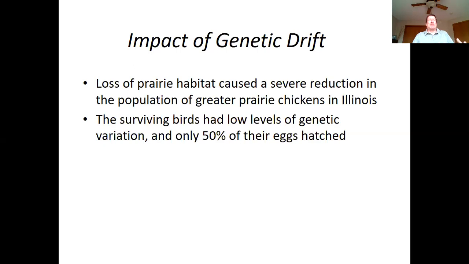And so loss of that prairie, as Illinois, a big farming state, like a lot of them in the Midwest, as a lot of the natural prairie that was in Illinois, Wisconsin, Minnesota, was reduced for farming and living and everything else as the human population expanded. That loss of prairie habitat, those birds that survived had very low levels of genetic variation, and only half of their eggs hatched.